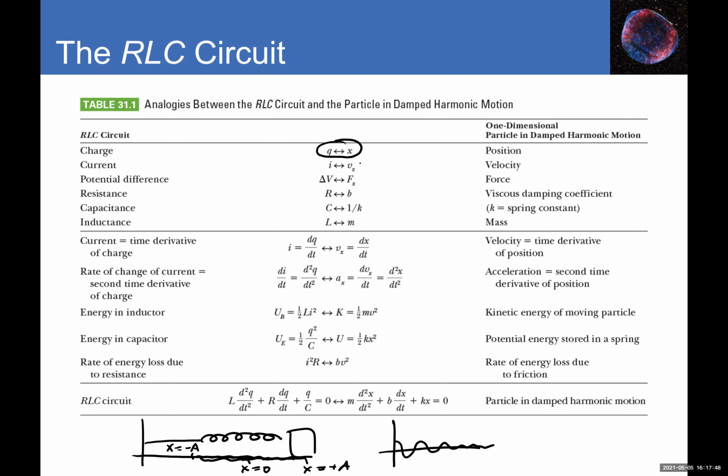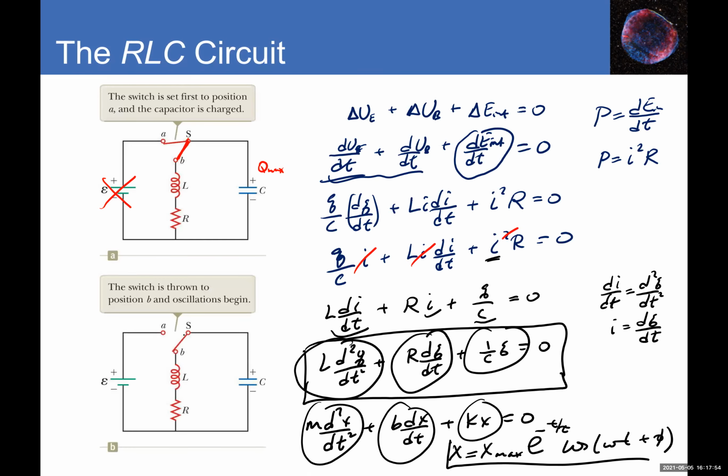That means the same thing with the charge, right? You start with Q max at t equals 0. But as a function of time, this Q max decreases because of the resistor.